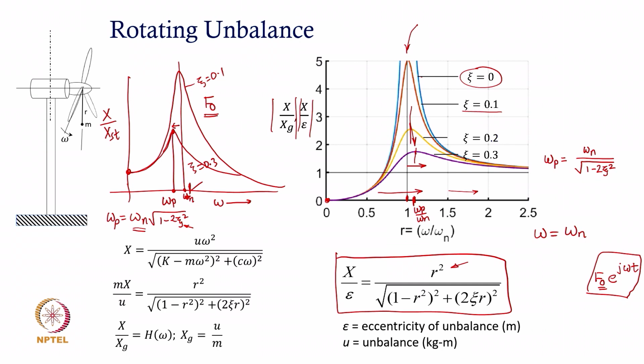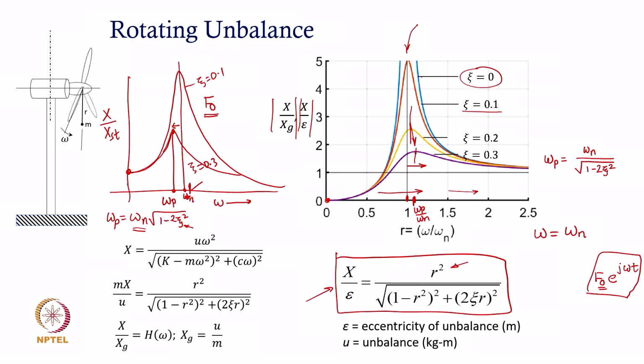You remember what we did? We took a derivative of this ratio with respect to r, equated it to 0, and figured out what that expression for r is. You will find that in the case of rotating unbalance, r equals 1 over square root of 1 minus 2 zeta square. That is the speed ratio at which you will get the peak amplitude.